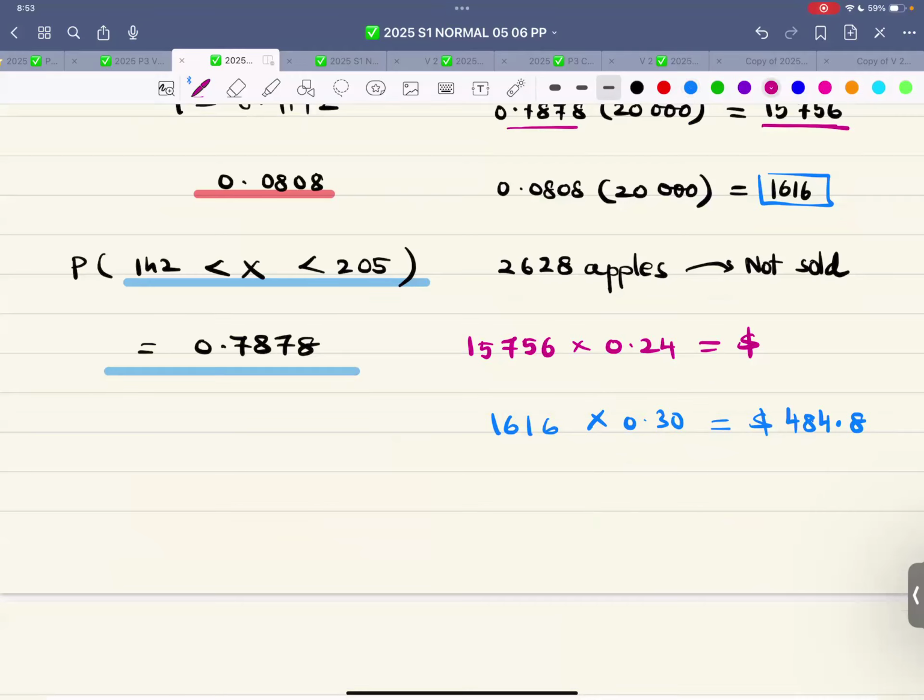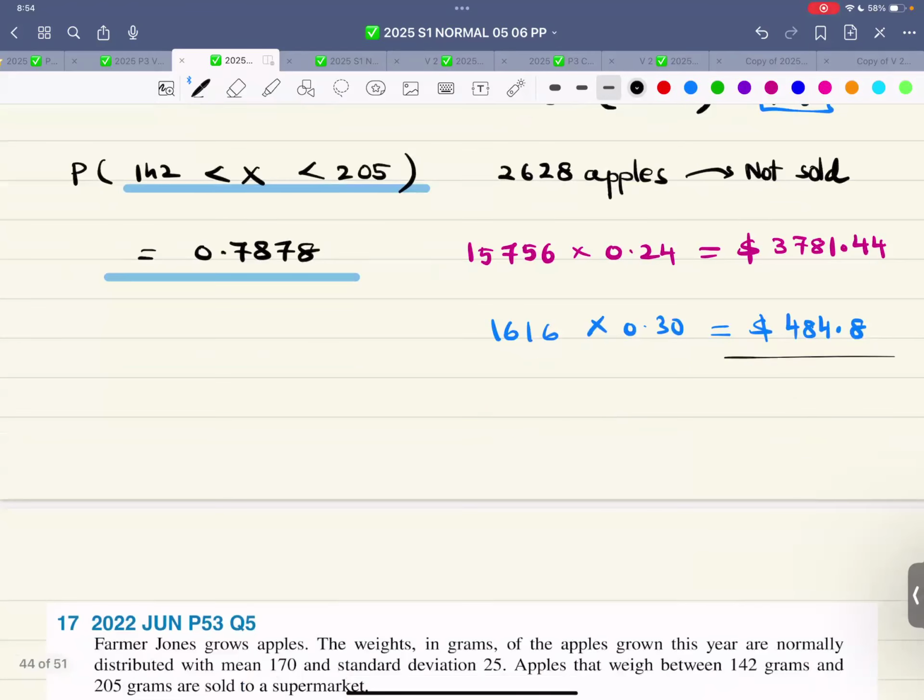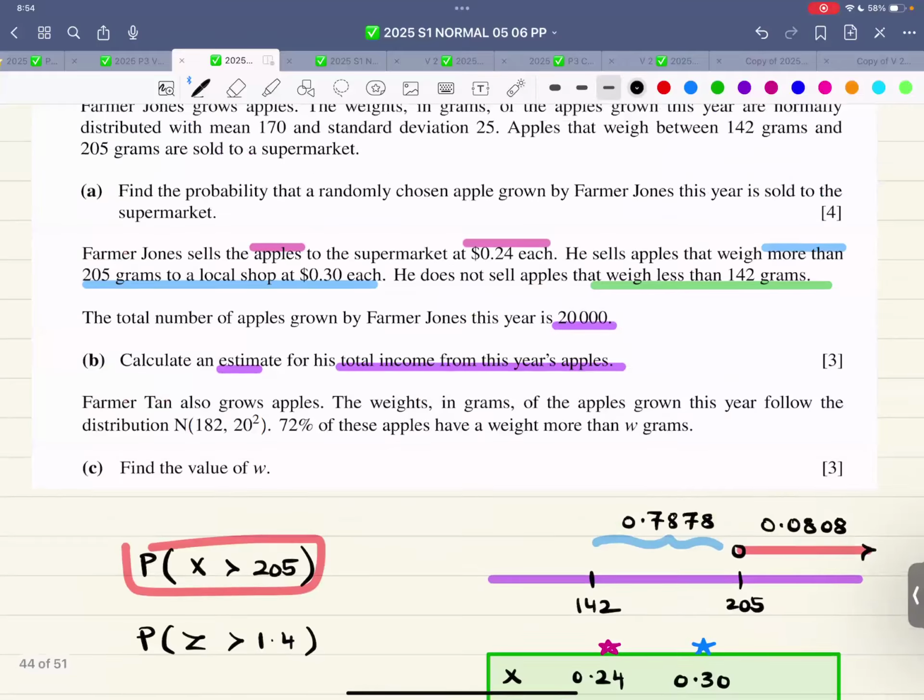And then this one, 15,756 into 0.24. Okay, that is 3781.44. Therefore, the total income that this person is getting is 3781.44 plus 484.8, and this comes out to be 4266.24. If they have not mentioned anything, I think I'll just write the exact value.